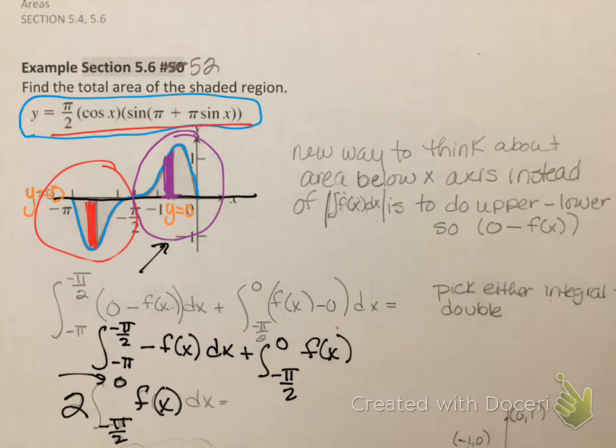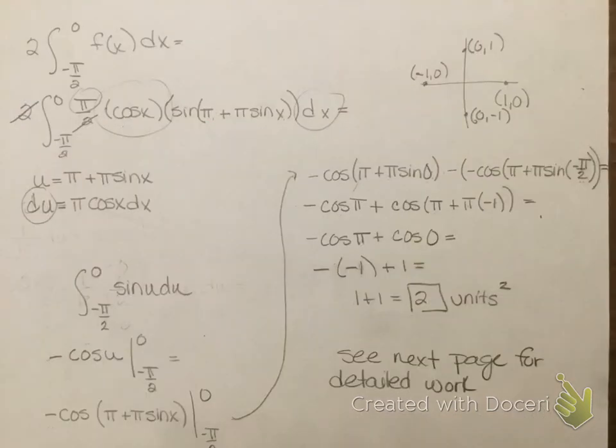Now, I'm going to show you some work for this, and then I'm going to send you someplace else to find some more work. Here is where I left off. So I'm going to replace f of x with big ugly function, cosine x, sine of a horrible looking argument. To actually integrate this, and that's why I'm doing this with you, because I don't want you to freak out when you see something big and ugly like this and think, oh, I can't do this, I have no idea what to do.